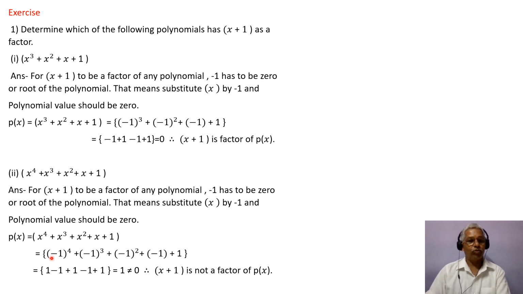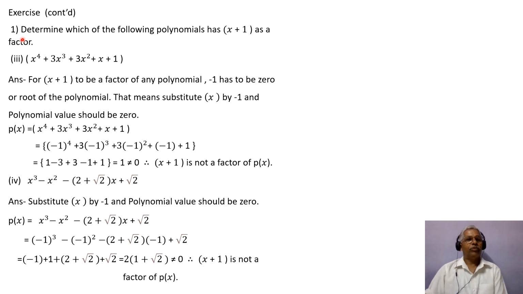So this comes out to be minus 1 raised to 4 plus minus 1 cube plus minus 1 square plus minus 1 plus 1. If you solve, 1 minus 1, 1 minus 1, 1. So it's 1, not 0. So x plus 1 is not a factor of px, where px is this. Very simple.